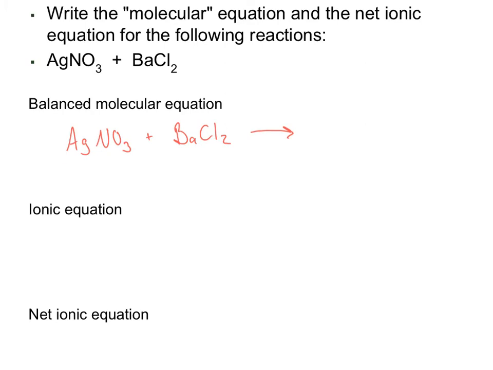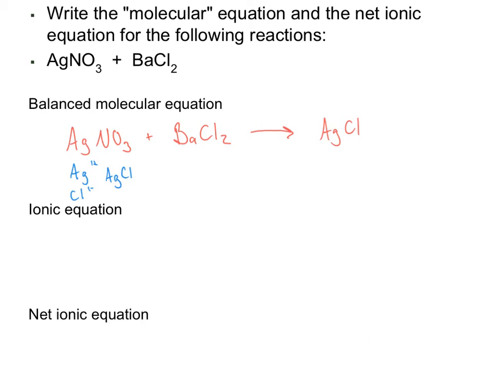We see that one of our combinations is going to be silver coming together with chlorine. In this step of determining the products, you're always looking for your new combinations of cations and anions. And so we have our silver 1 plus and our chlorine 1 minus. We know that those are going to come together to form AgCl. So that is our first product.